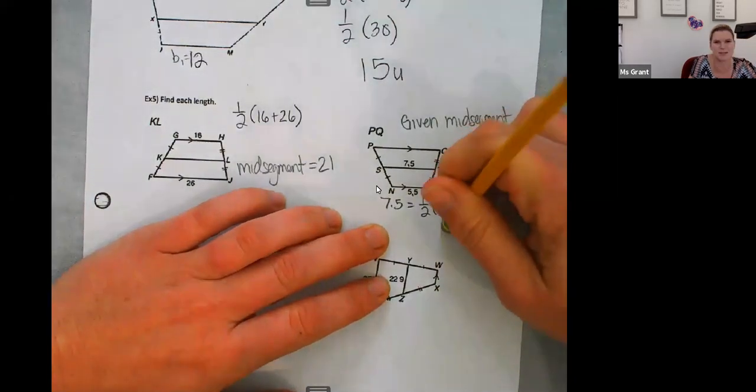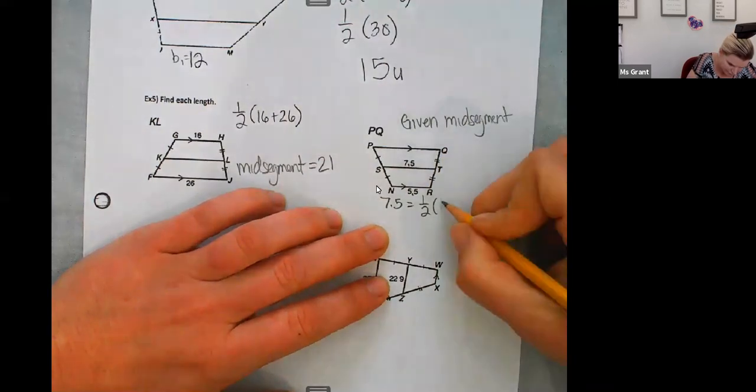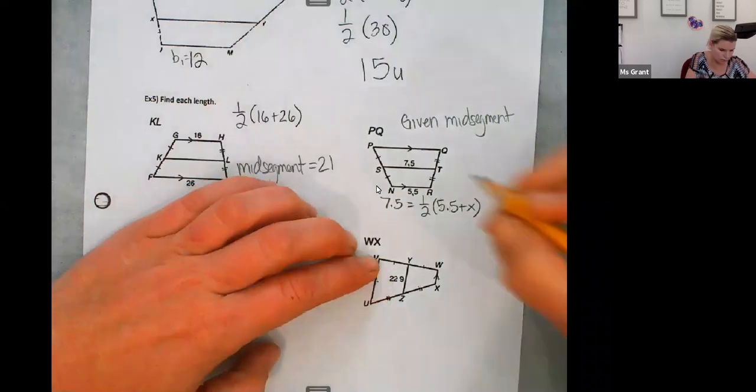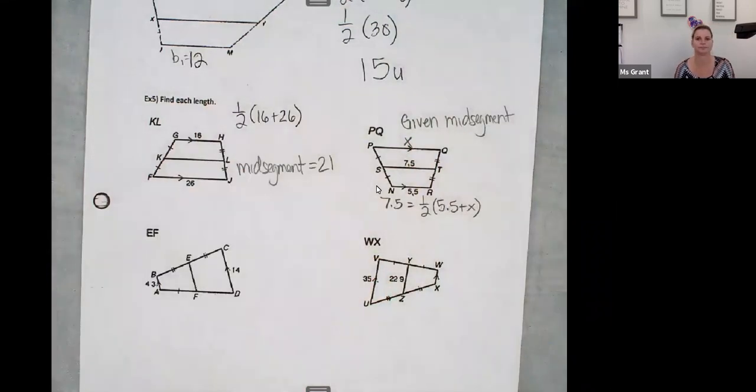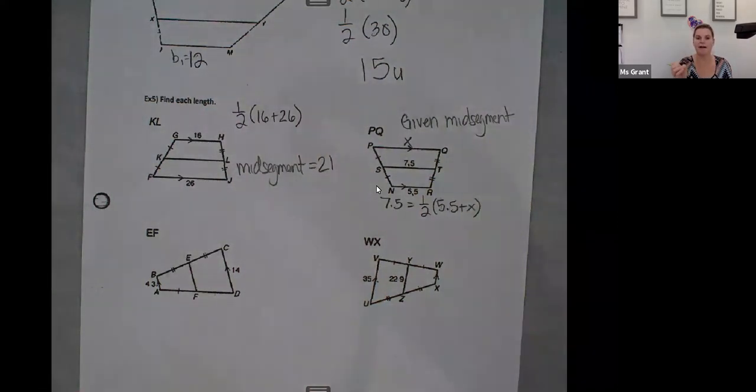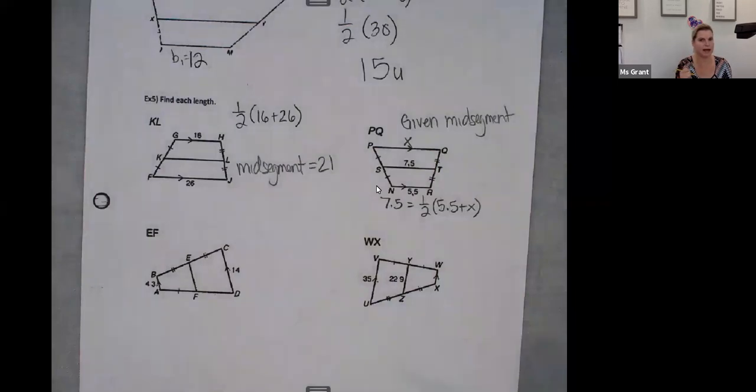No, remember, I like base 1 to be the short. 5.5 plus x. I don't know the length of PQ. I know the mid-segment, so I'm going to put 7.5 equal to half of the top, 5.5 plus x.